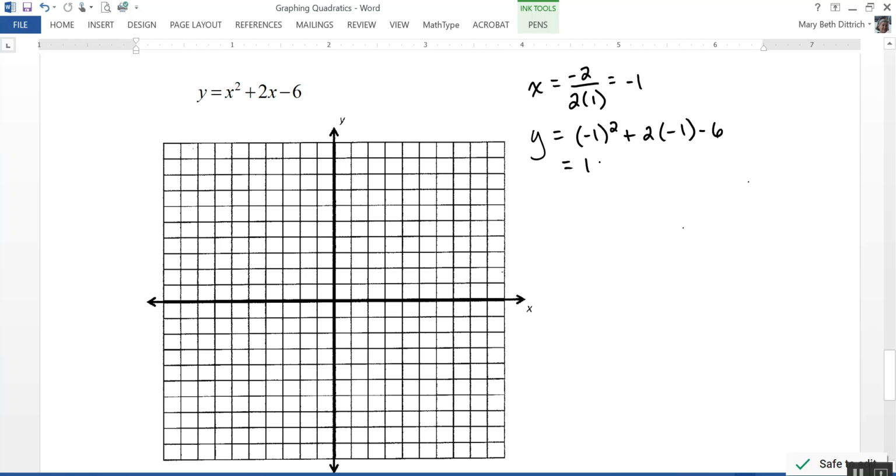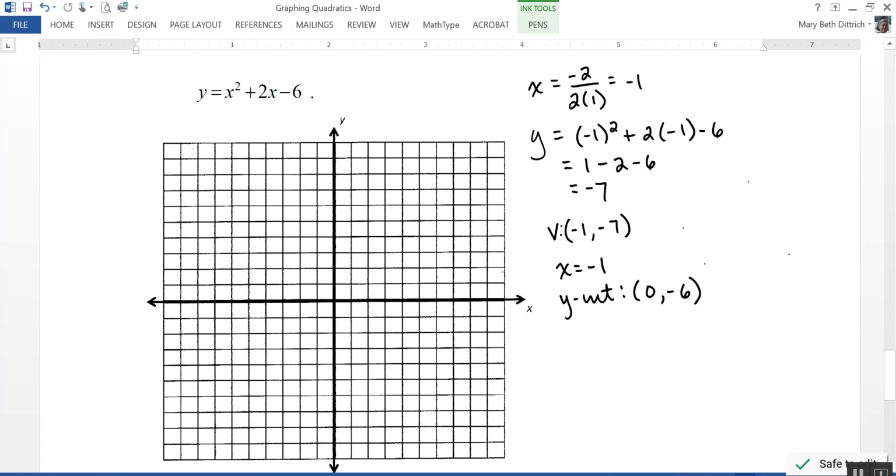And that's going to give me 1 minus 2 minus 6, or a y value of negative 7. So my vertex is the point negative 1, negative 7. My axis of symmetry is the line x equals negative 1, and my y-intercept is going to be the point 0, negative 6, because negative 6 is c.